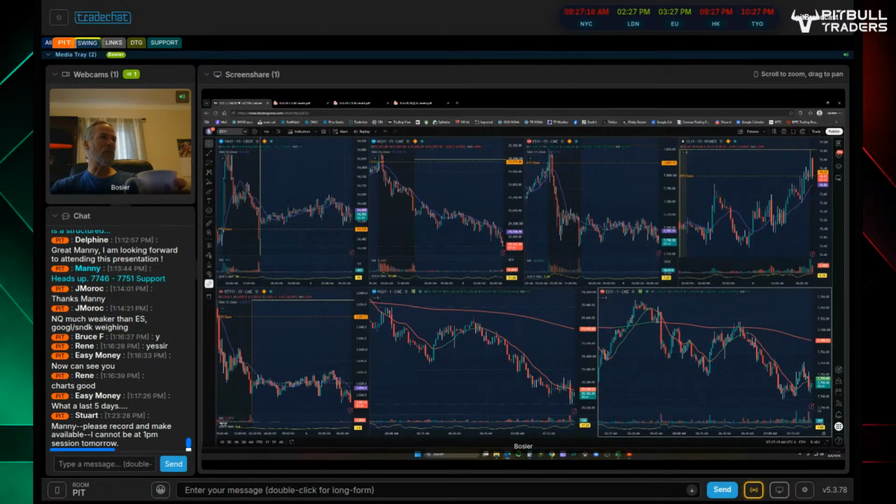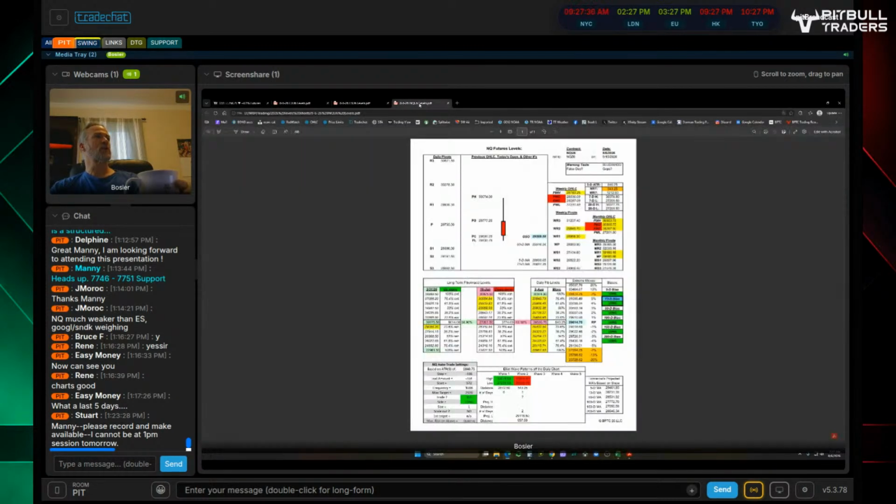NQ's been weaker in the overnight, and it certainly didn't sell off hard, but it's just kind of been a steady drip. And it did actually reject the 50-day moving average again, which comes in today at 29,516.